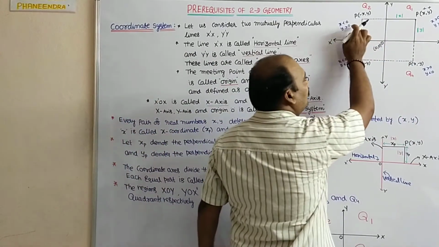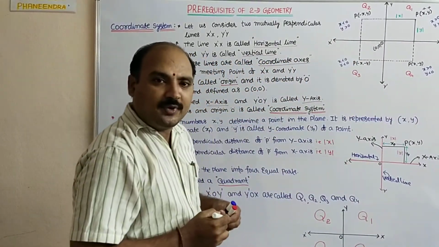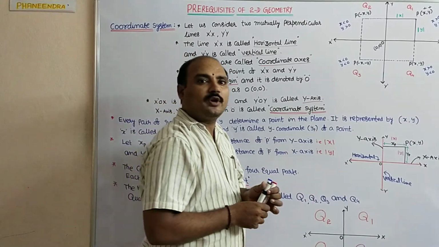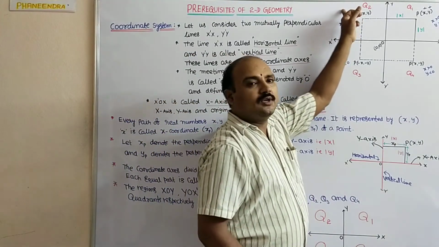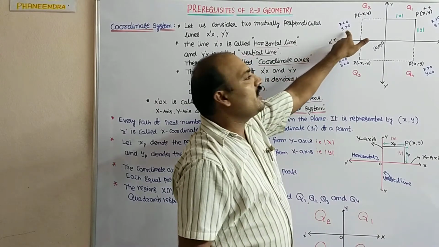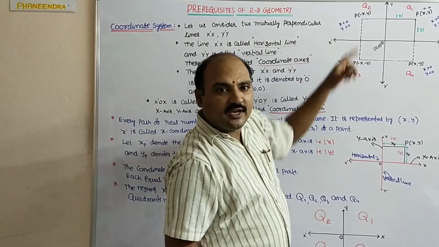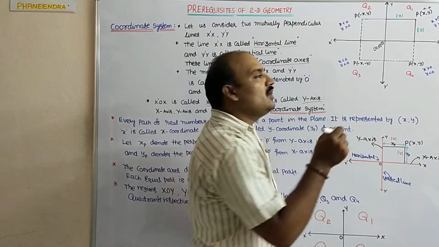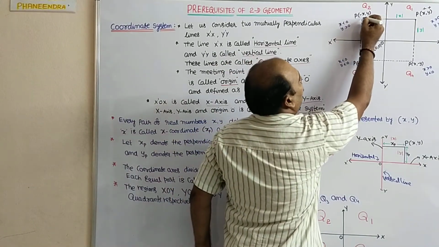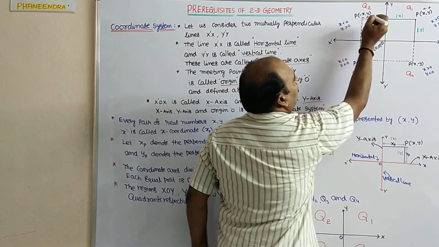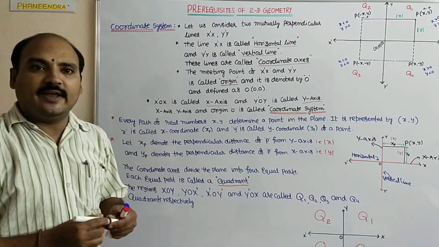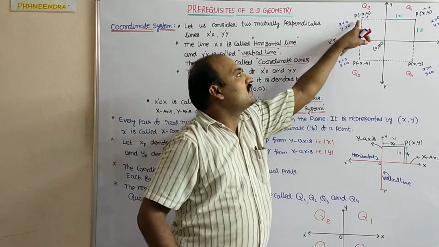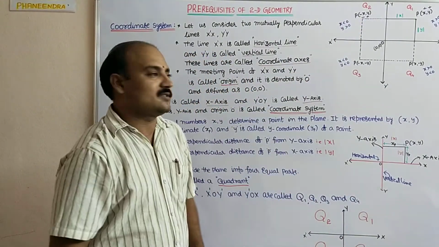Come to the second quadrant. The point P in quadrant 2: x is less than 0, y is greater than 0. That is the reason the point should be in the form of minus and plus. X is less than 0 means minus, y is greater than 0 means plus.